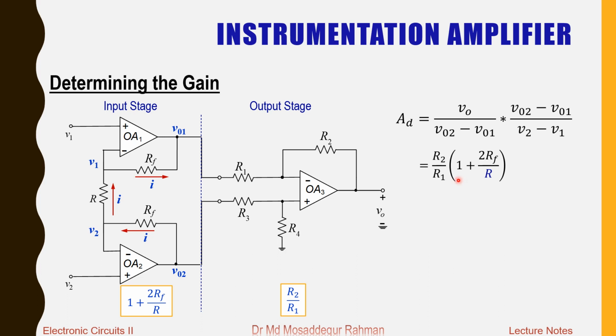And if you look at this expression here, this gain expression for the input stage is even higher than that of the circuit before modification, before combining the two R's of the input amplifiers into one single R. The gain of that input stage before that modification was 1 plus RF by R. Now, after replacing the two resistors by one single resistor, the gain is 1 plus 2RF by R. That is almost twice as much as we had before.